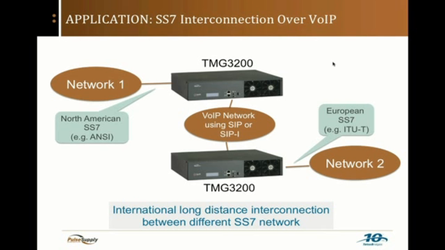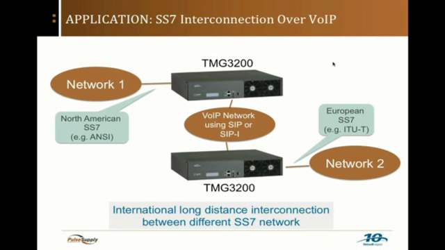And this is very often the case for international long-distance service providers which want to use voice over IP in between these two countries or two continents, but they actually need to connect using SS7 to terminate the traffic in these two different countries.